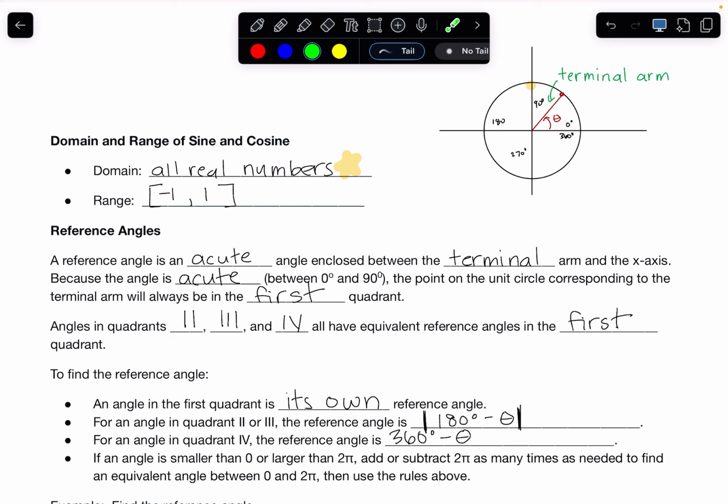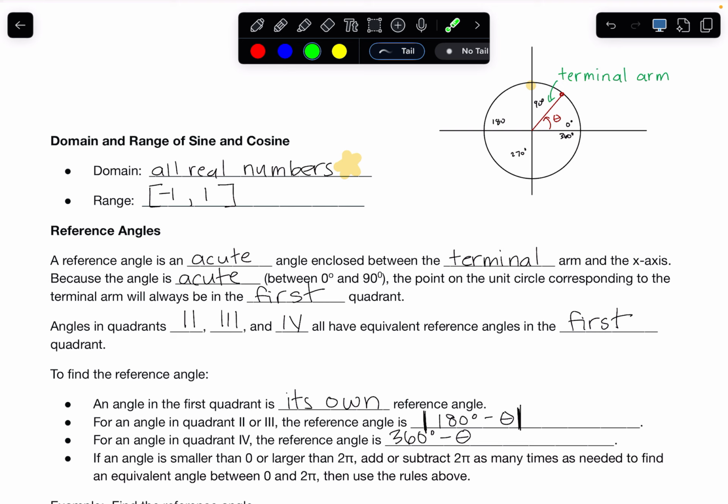So if my angle was 470, I would subtract 360. 470 minus 360 is 110. That's 110.